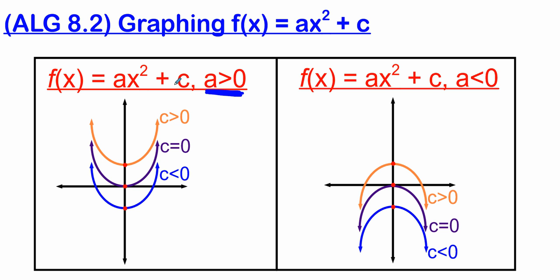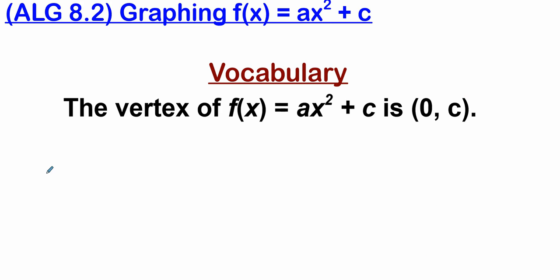So if you're subtracting something, the graph gets translated down that many units. If c is greater than 0, so if you're adding some positive, the graph is translated up that many units. It's the same thing here. This one just says a is less than 0, so now your graph is reflected over the x-axis, so it opens down. But it's still going to get translated up c units if c is positive, or down c units if you're subtracting some number.